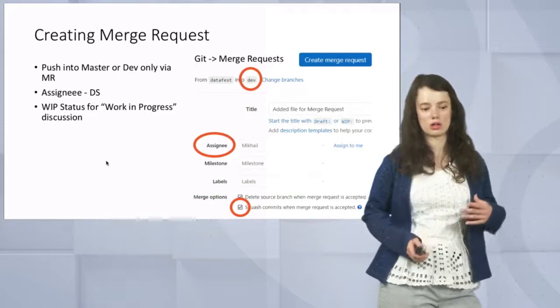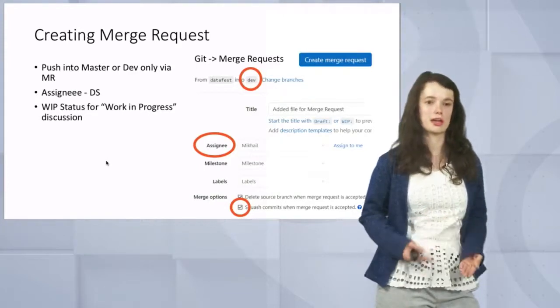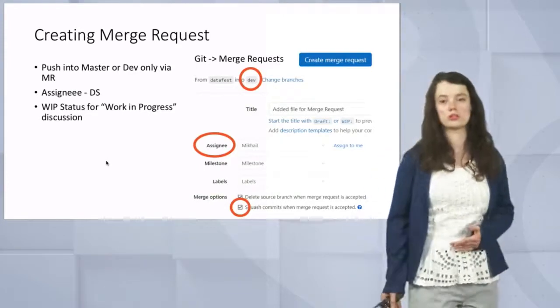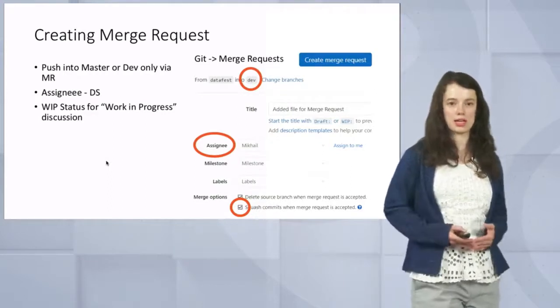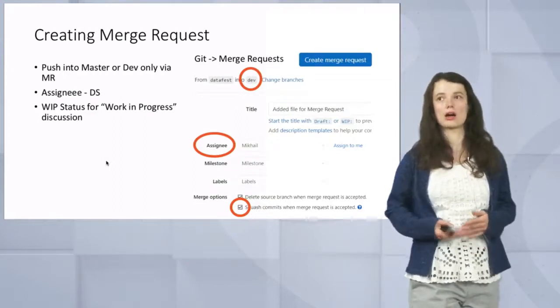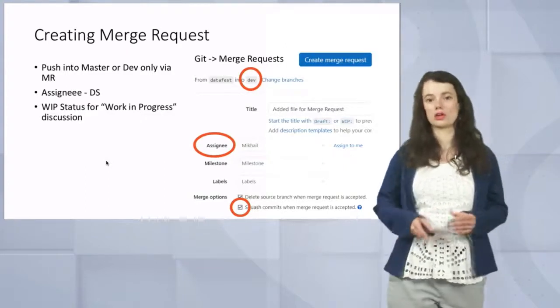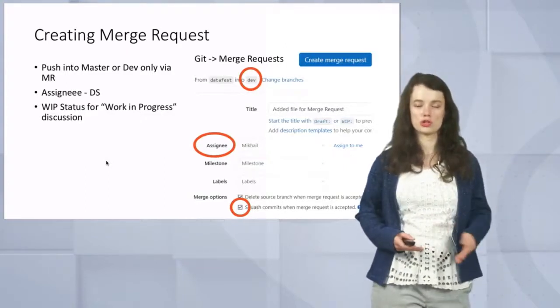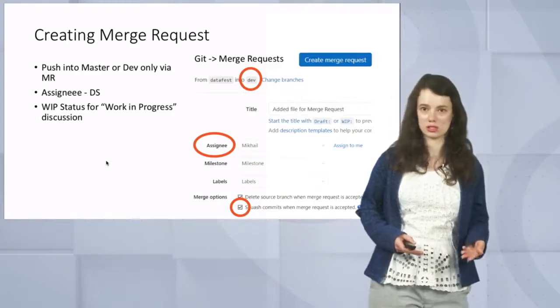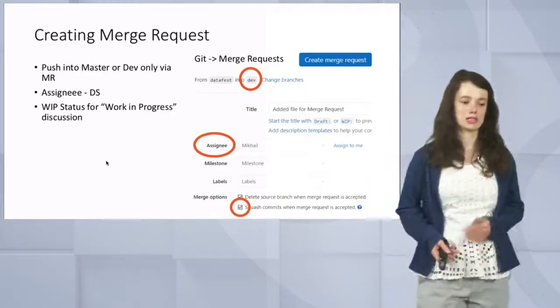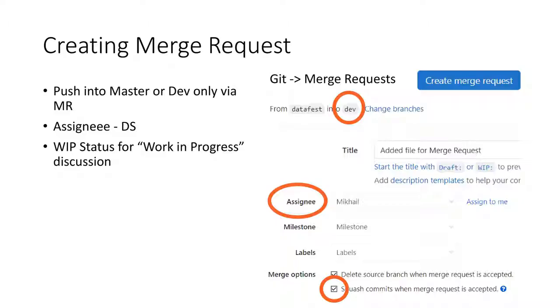When you have pushed all your results into a branch and you want to show it to your colleagues, you need to create a merge request. You type create merge request, you write into what branch you are planning to merge the results, you write your assignee, who will check your code, and you select squash commits.